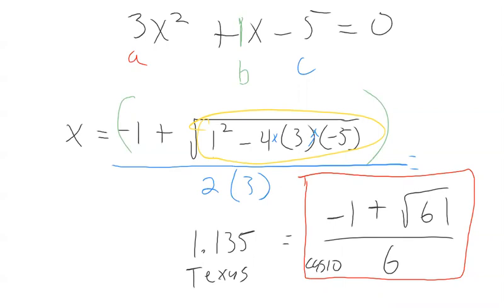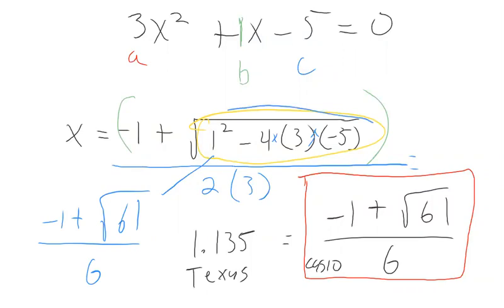If you do what's just in the yellow, you get 61. You can't take the square root of 61, so it stays. So then I have -1 plus the square root of 61, and then 2 times 3 is 6. So that one can't actually be simplified. If you're in Texas, maybe you should just do this in the yellow box in one step to see if it is a perfect square or not. And that way you can kind of see the relationship.